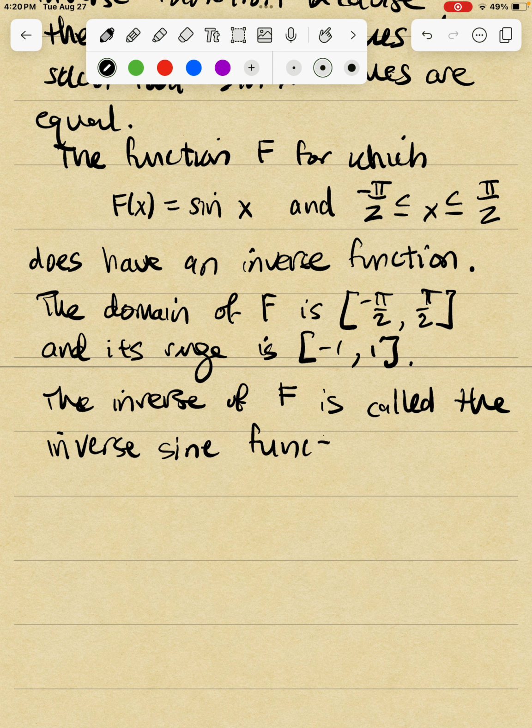The inverse sine function is denoted by sine to the minus 1 on top.